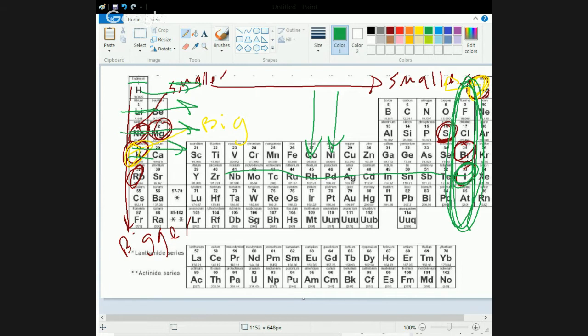All right, going back up. I'm going to try and organize these to put them things together.